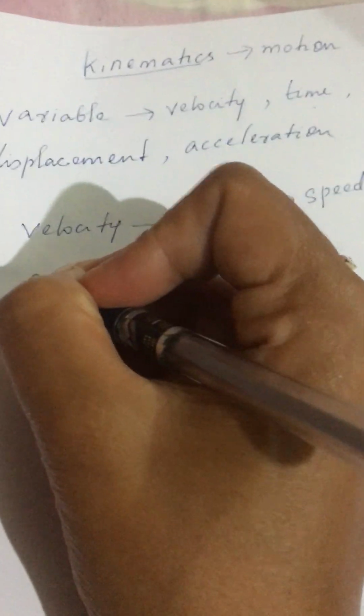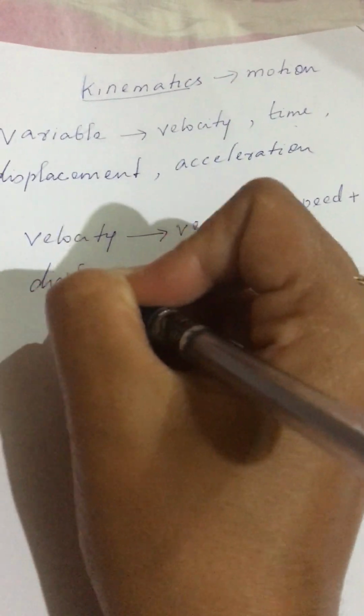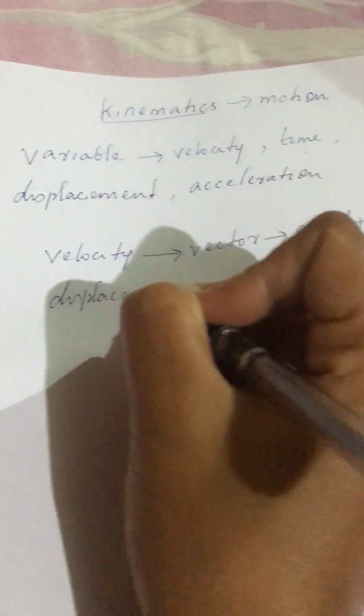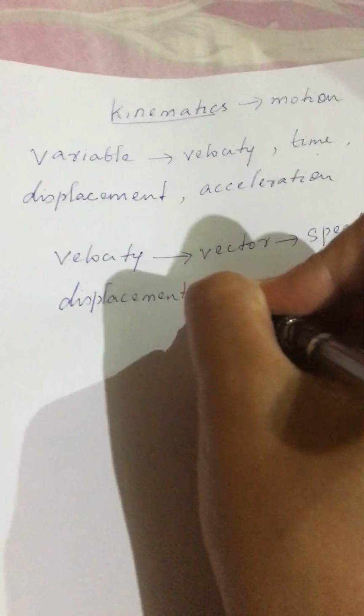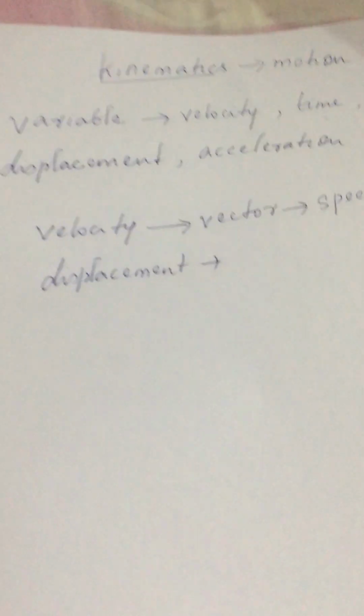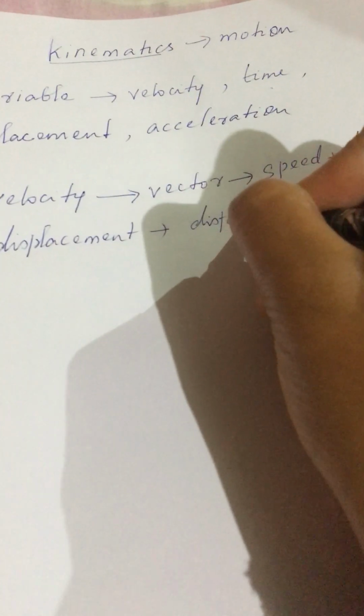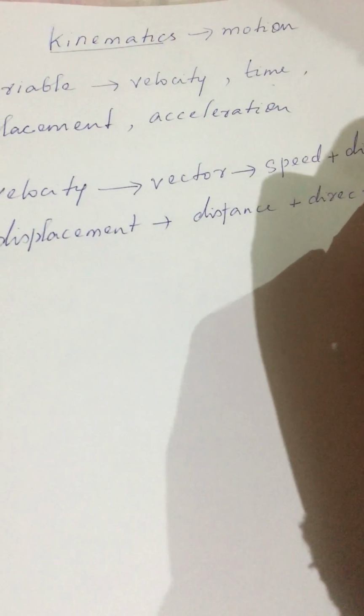Similarly, we have displacement, right? Distance is the length of the path, and displacement is also a vector quantity: distance plus direction. Distance, you understand, like we have gone 2 kilometer, 3 kilometer, 4 kilometer far.